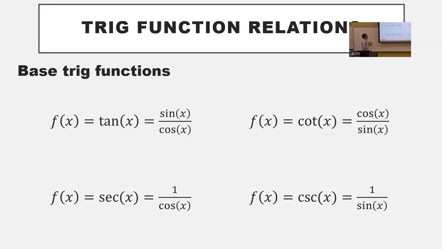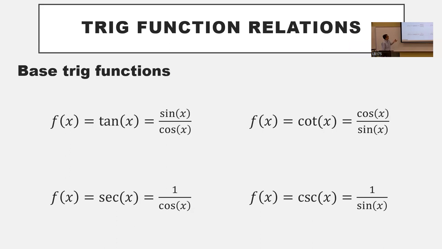Now remember these relations. Tangent is just sine over cosine. Cotangent is just cosine over sine. Secant is 1 over cosine. Cosecant is 1 over sine. These are the reciprocal and quotient identities, right? So we've seen those before.